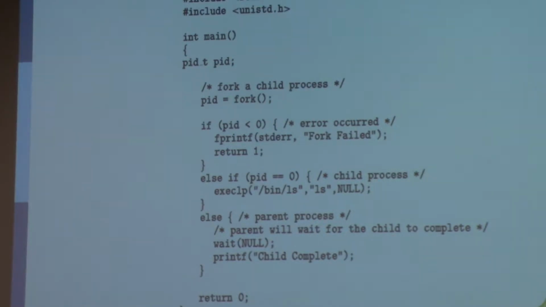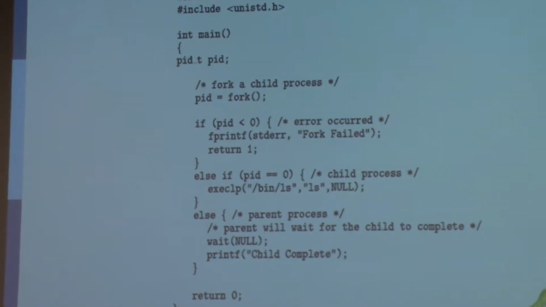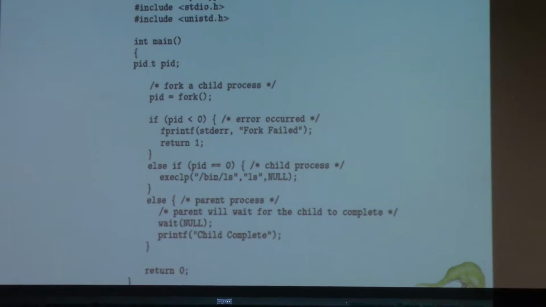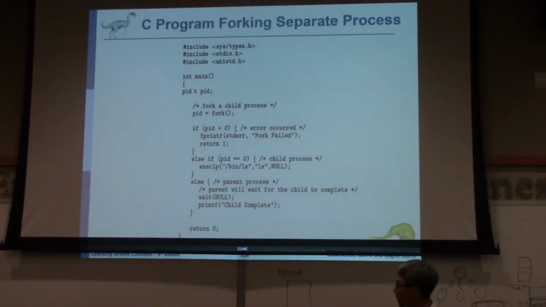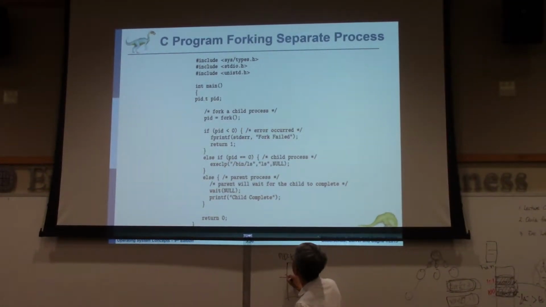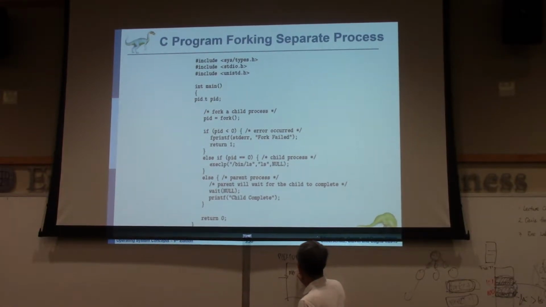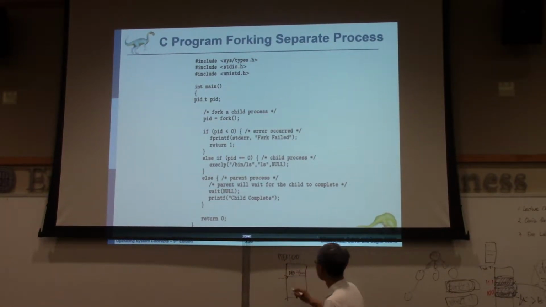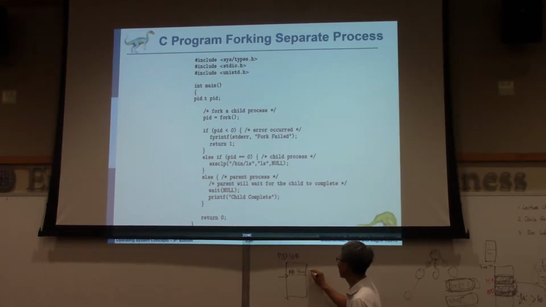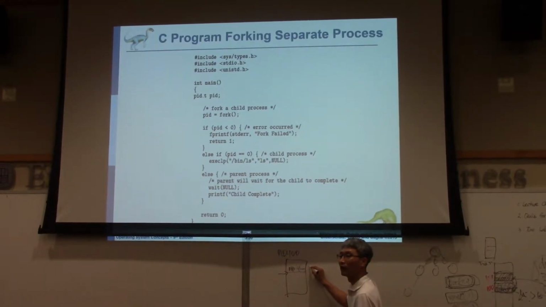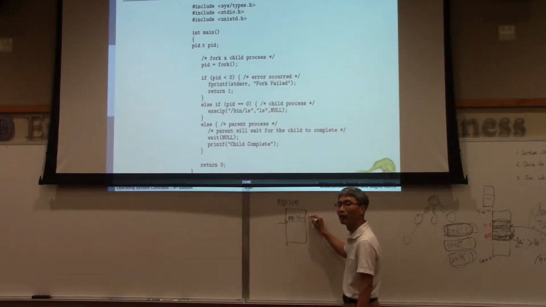So this is the process with ID 100. The program counter is right after the fork call, where the value of PID is assigned. What is the value of PID, 100 or 101?